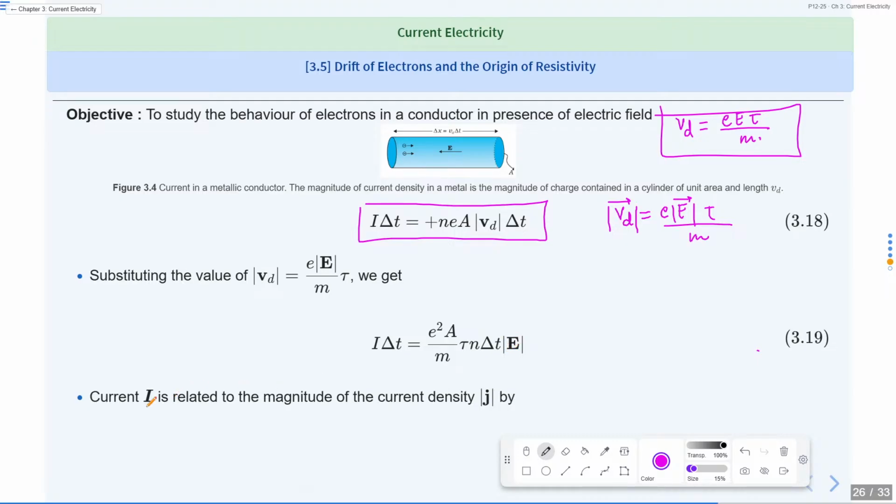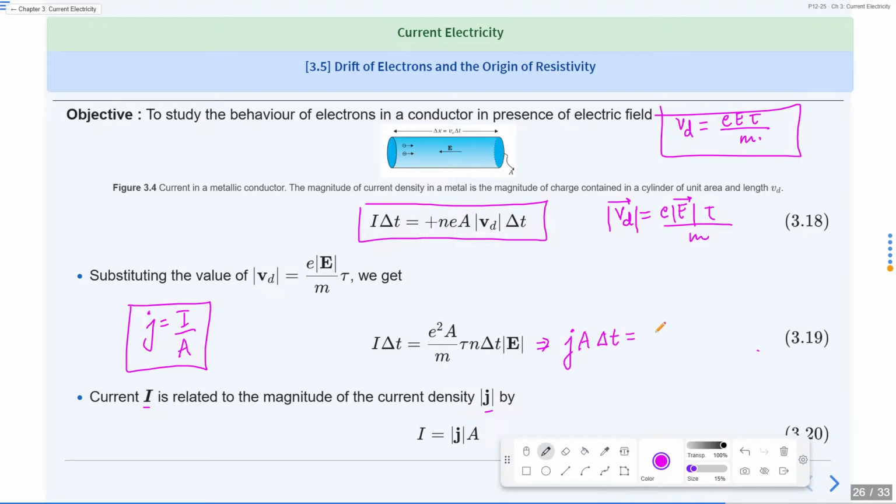Now there is a relation between current and current density. What is current density? Current per unit area. So we can write current as J into A. From here J A delta T equals n e square A tau delta T E by m.